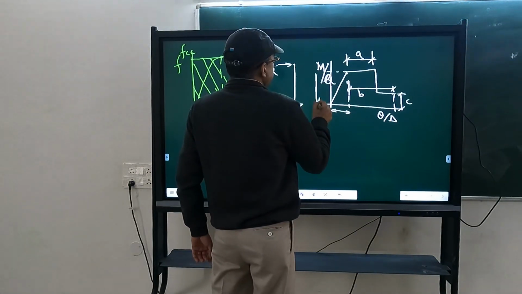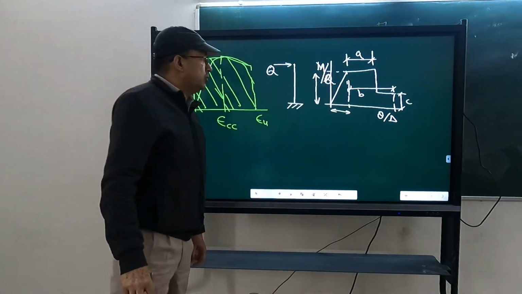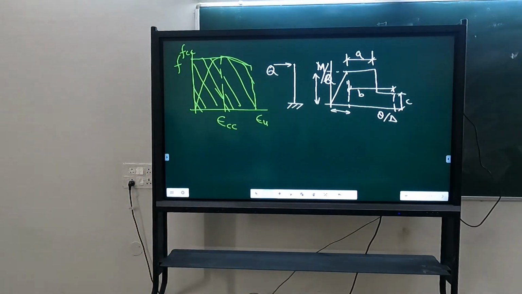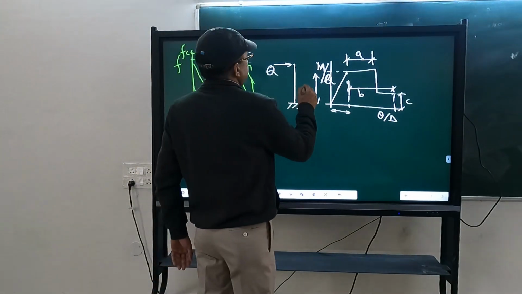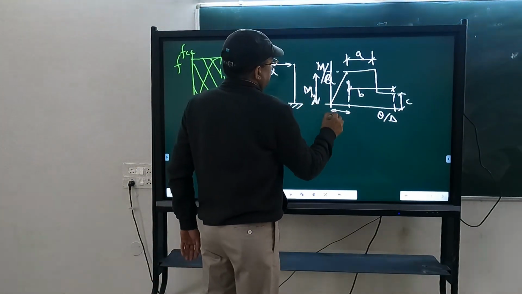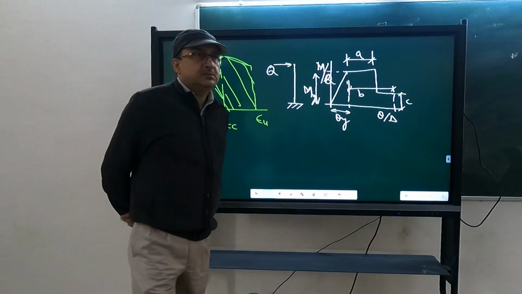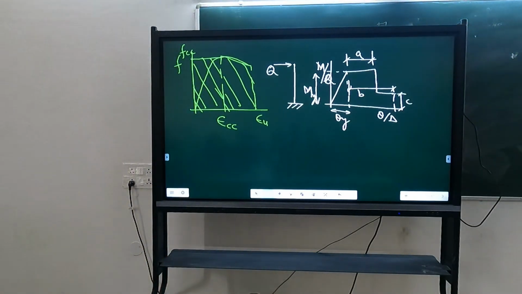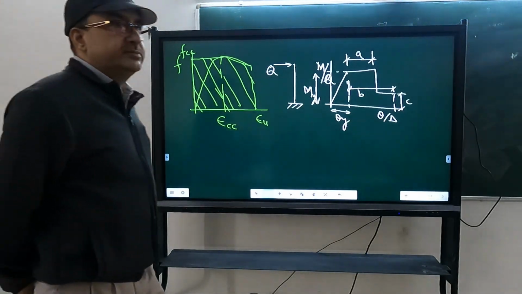I am not giving these values. How we are going to obtain that? This is my and this is theta y. A and B are beyond theta y. So how will you obtain my and theta y?